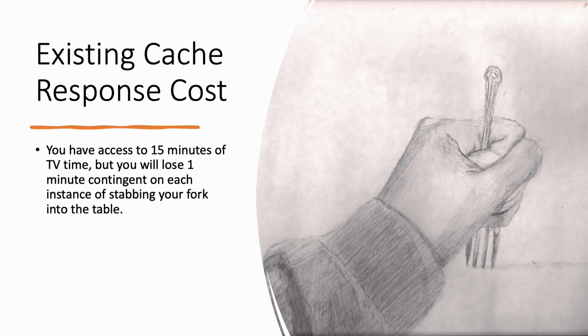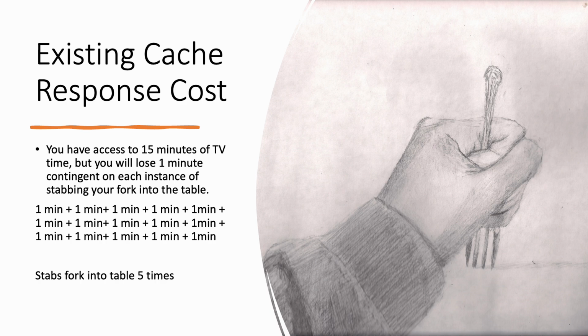Let's pretend we're talking about my son, who stabs his fork on the table and creates little dents all over my table. Let's pretend that's the behavior we're targeting for reduction. If he has access to 15 minutes of TV time, each episode of him stabbing the table is going to result in a reduction of a minute.